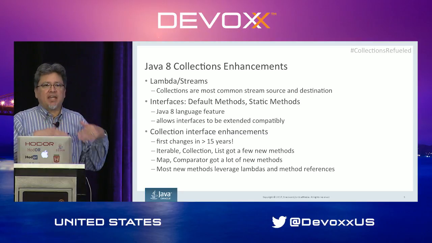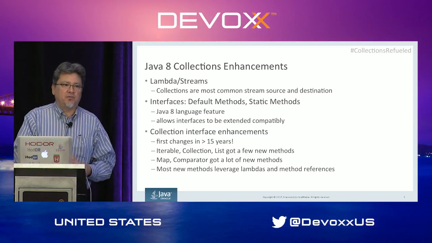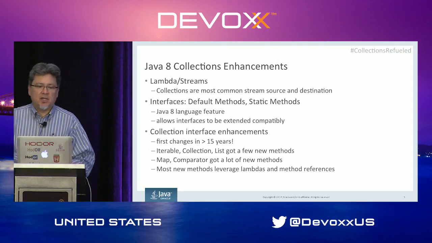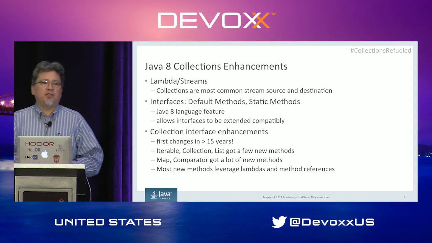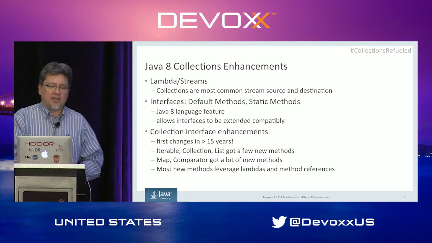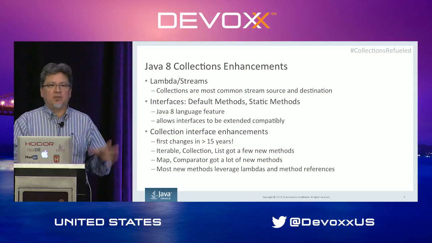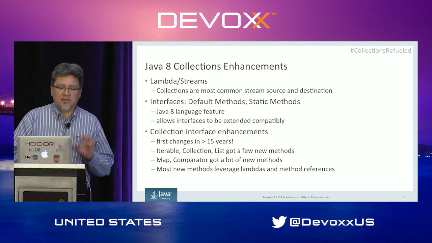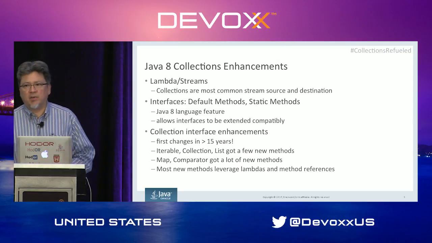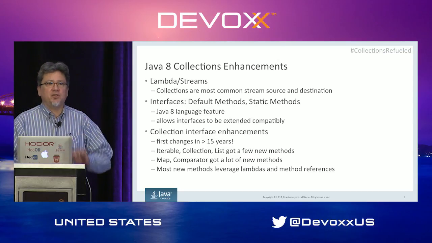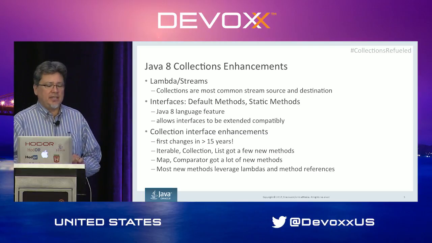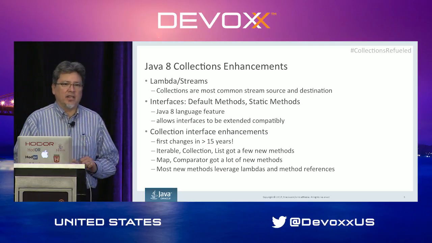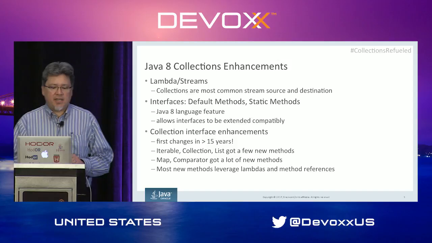But backing them up are some additional language features. In particular, interfaces can now have default methods and static methods. That's an interesting language feature. I'm not going to talk about the language enhancements themselves. What I do want to talk about is the way we use those language features in the JDK to enhance the collections framework in JDK 8.